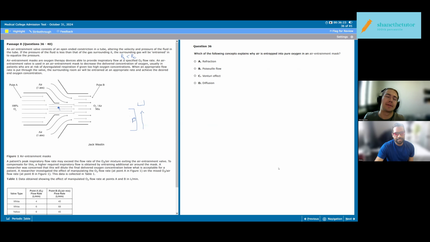In order for this piece of paper to move in this direction, it would have to either be pushed by some air or pulled in, right? And there's nothing on this end to push it, so it can't be a pushing thing. It must be that it's getting sucked in and moves that way.